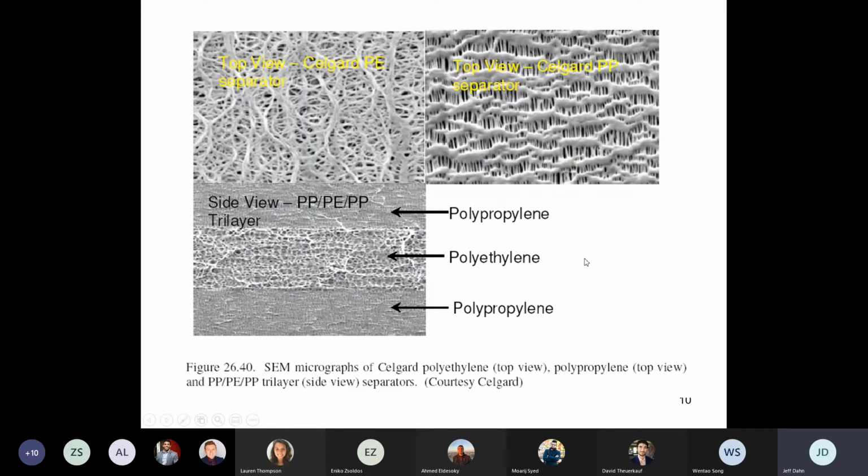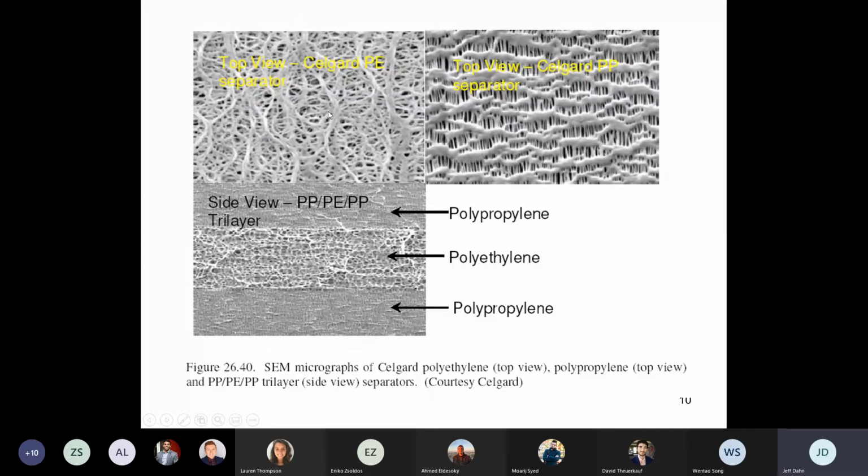Now let's talk about separators. When I started working in lithium-ion batteries, there were only two kinds of separators you could get, polyethylene or polypropylene.